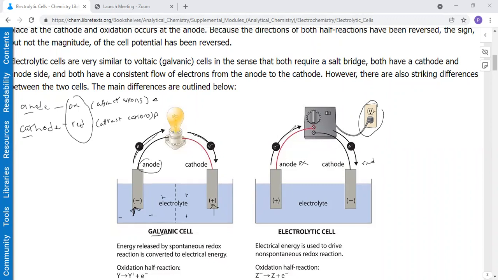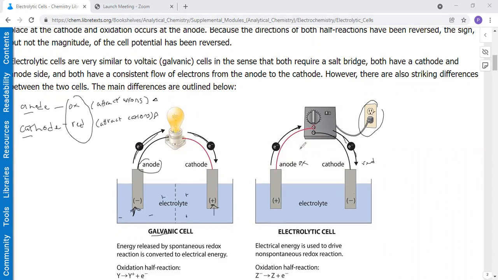That's what you can see here, because our electrons are still moving in the same direction. But here, there's a positive charge on this metal and a negative charge on this metal. And you're wondering why, right? So the reason is because it's not natural for this to occur. It's not spontaneous. That's what I mean by natural.